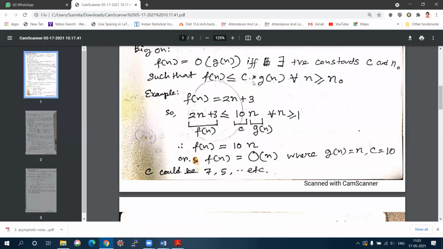This condition is satisfied. If c equals 10 and g(n) equals n, in that case f(n) is always less than c into g(n), right? If that is so, we can write f(n) equals order of g(n).